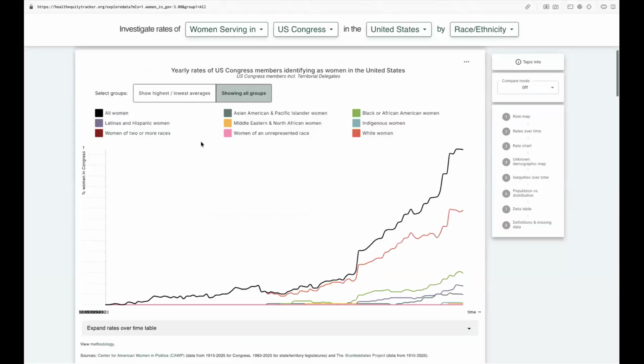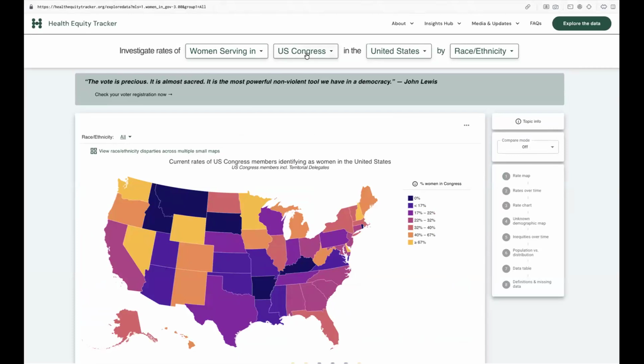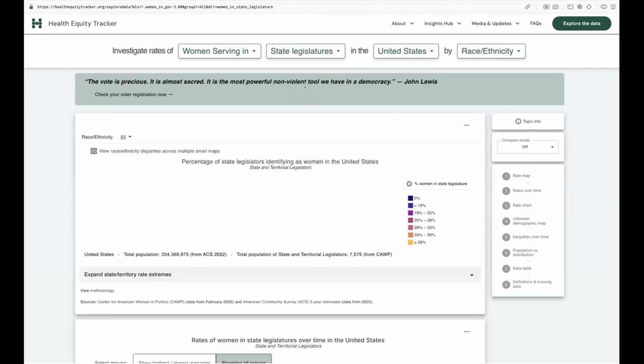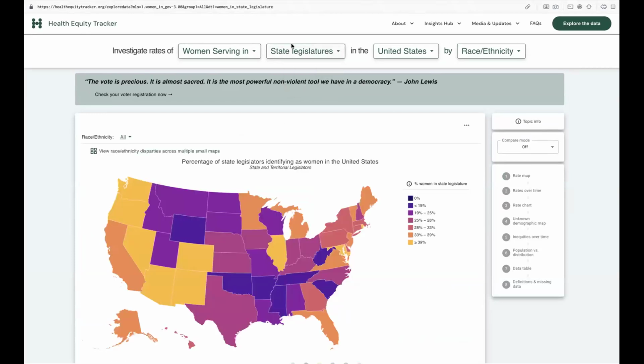As we know, women are historically underrepresented in positions of power, particularly government. And so if you look in here, what we're looking at is the breakdown of women serving on state legislators. So people making the laws that can affect policy that has a direct impact on conditions like maternal mortality.